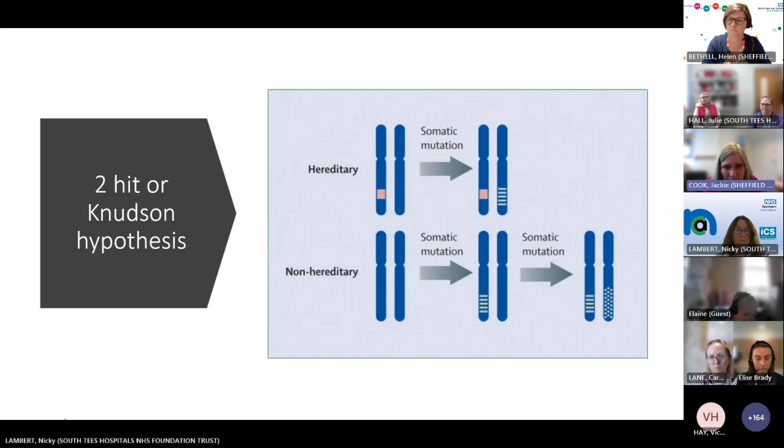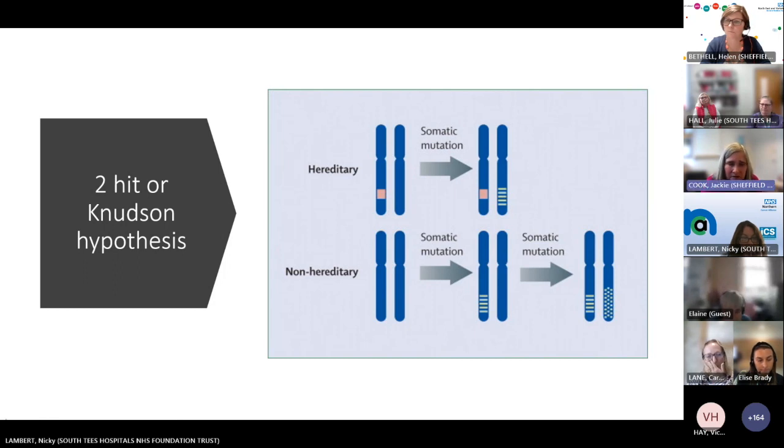And this is what we believe is going on. If you go to the bottom of this picture, in the normal non-inherited cancer, you get a fault in the first copy of the gene, and it's when you get a fault in the second copy of the gene and you lose all normal functioning gene that cancer kicks off.